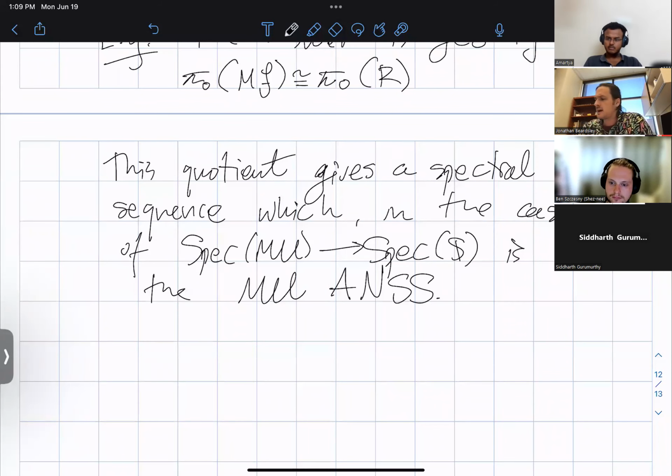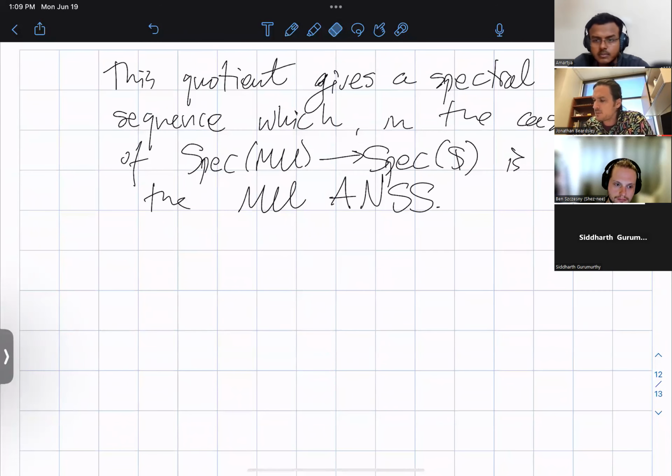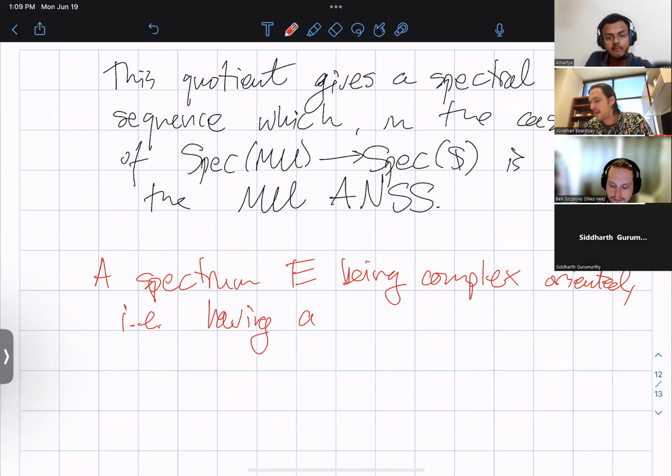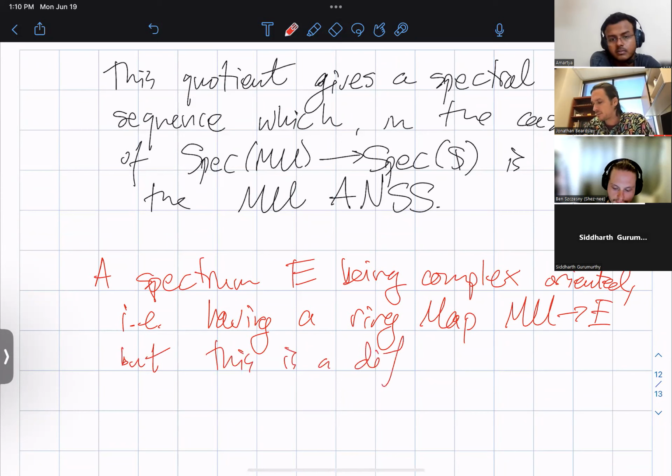Just to point out, oftentimes people talk about a ring spectrum E being complex oriented, i.e. having a ring map from MU to E. That's not the same as being oriented in this sense. This is a different thing.